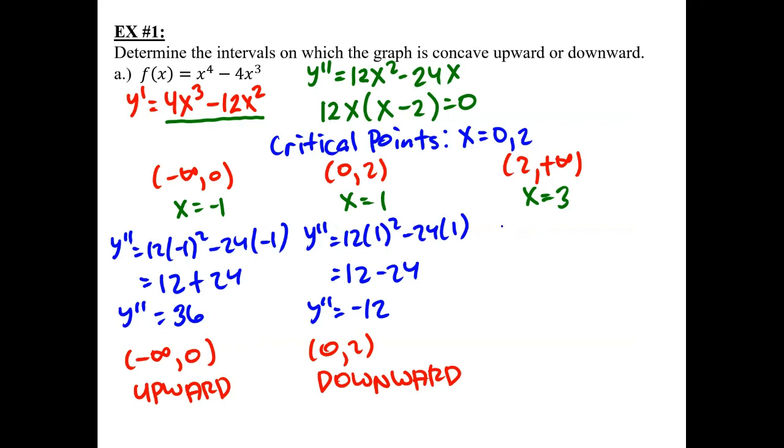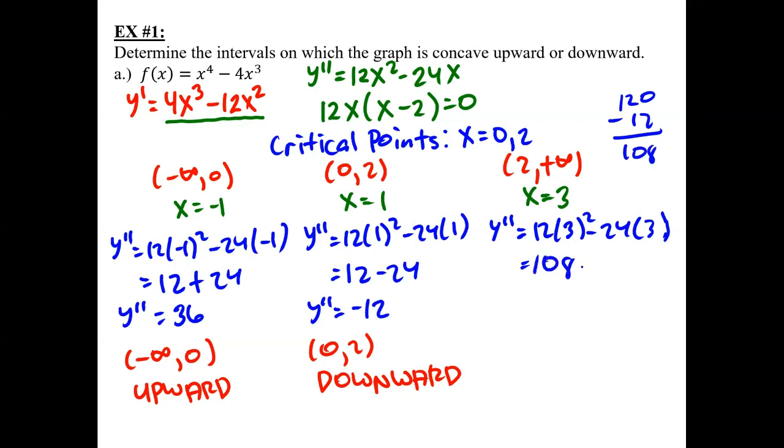Last interval, we have 2 to positive infinity. y double prime is equal to 12 times 3 squared minus 24 times 3. 3 times 3 is 9. 12 times 9 is 108.